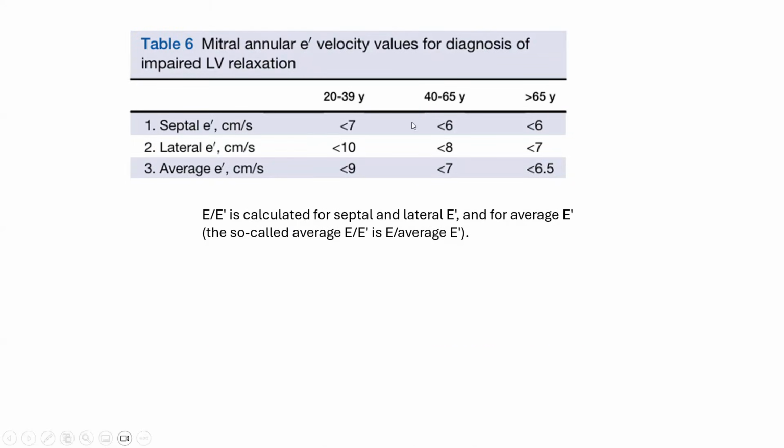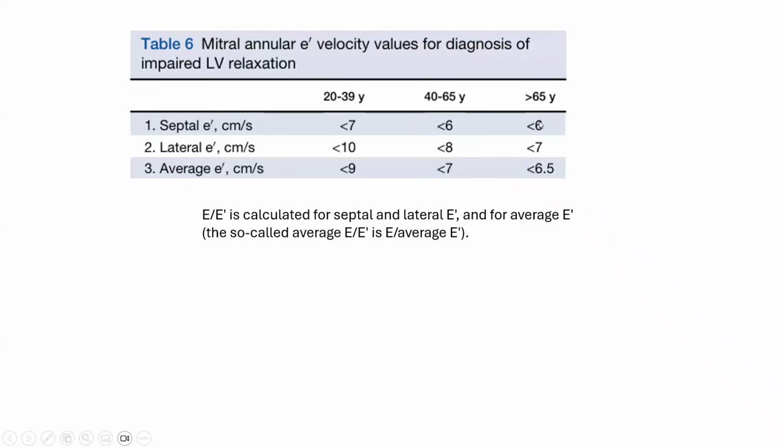Now, what are the normal values for medial and lateral E prime? It used to be said that the normal values for E prime are 10 and more laterally and 7 and more medially, but we now recognize that the cutoffs are actually 6 for the medial septal E prime and 7 for the lateral E prime, or maybe 8 for people between the ages of 40 and 65.